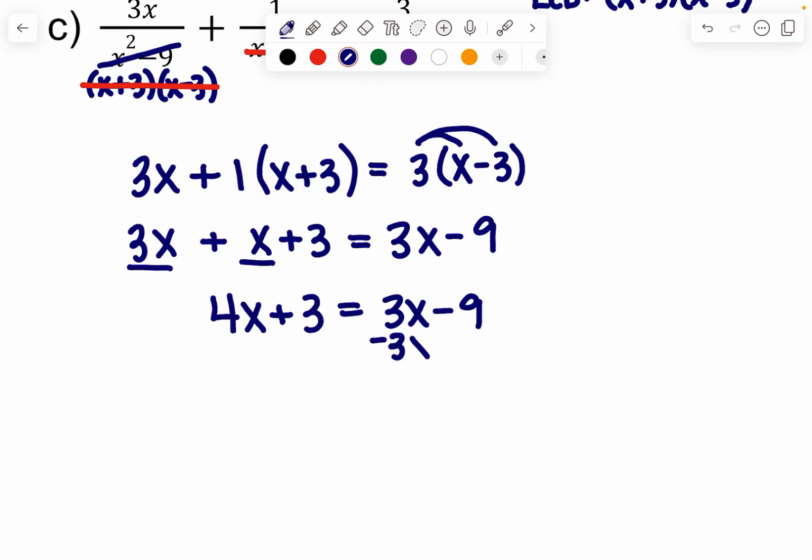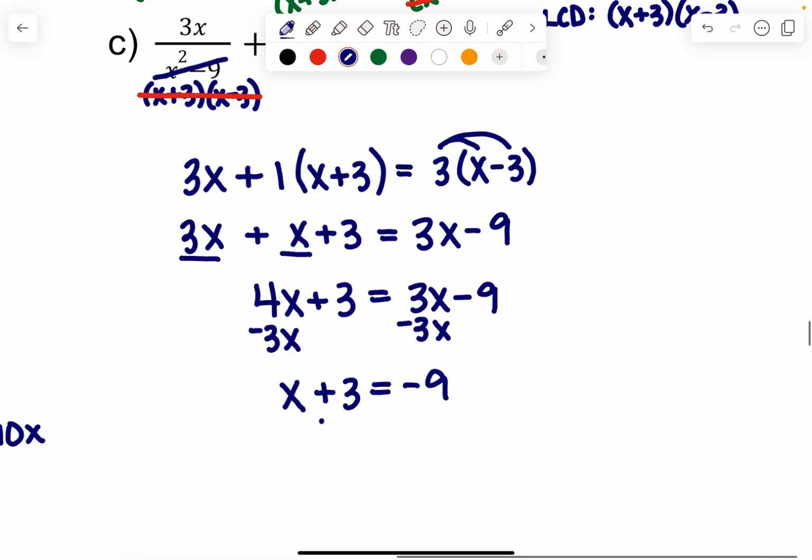Subtract the 3x to the left. 4x minus 3x is 1x or just x plus 3 equals negative 9. To get x by itself, we're going to subtract the 3, and x equals negative 12.